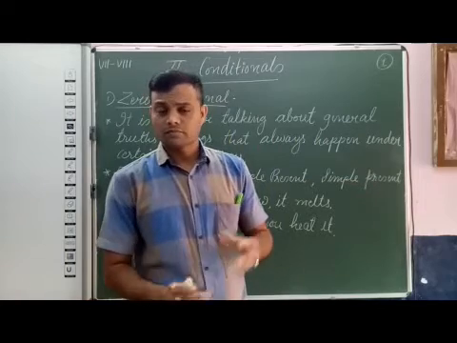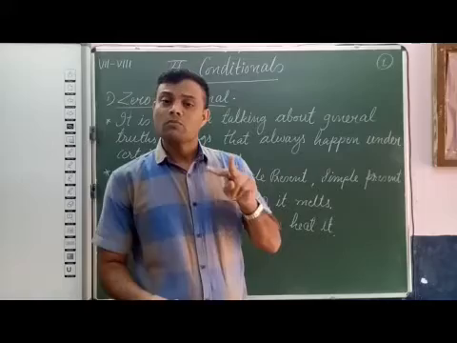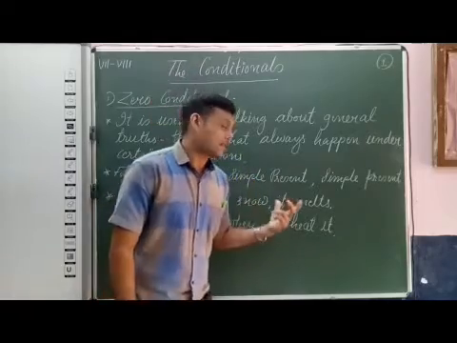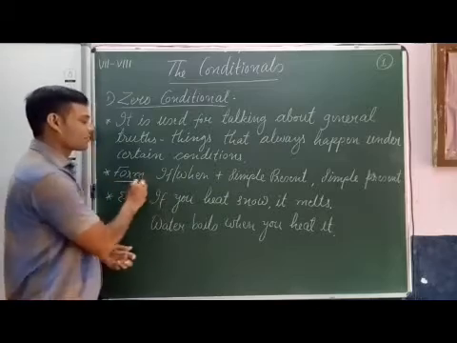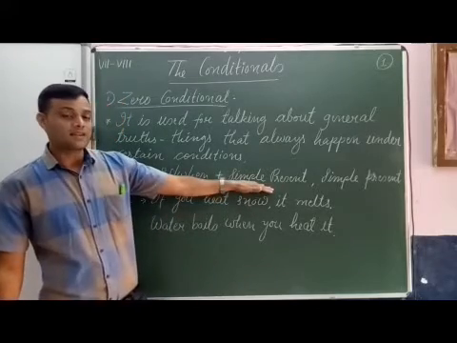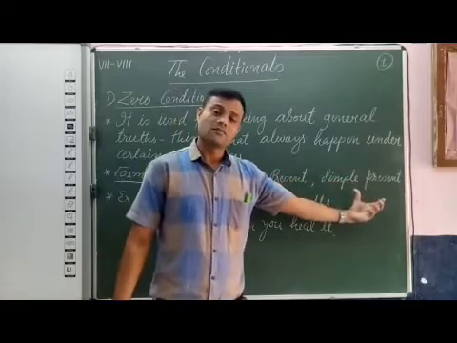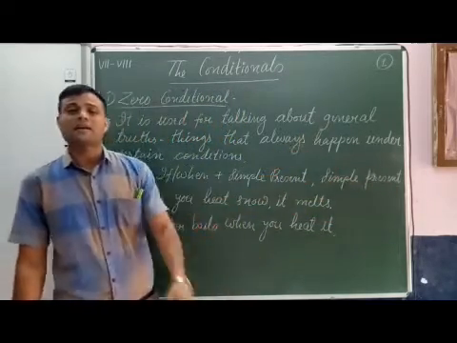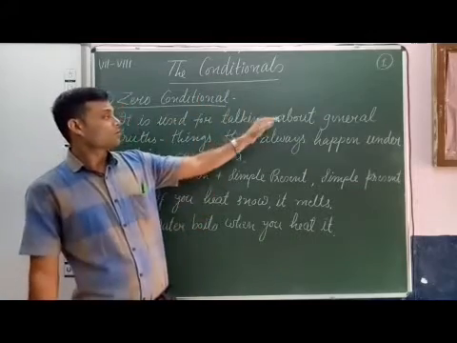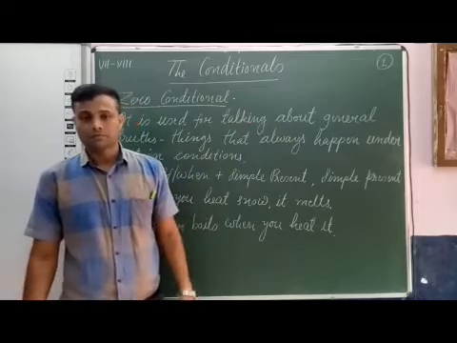I repeat, in zero conditional, both the clauses are in simple present tense, and that is why I have written here the form: simple present with the if clause, and in the second clause also simple present tense, as zero conditional is used to talk about general truth.